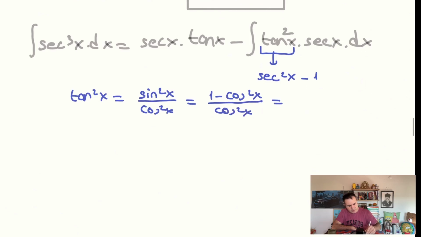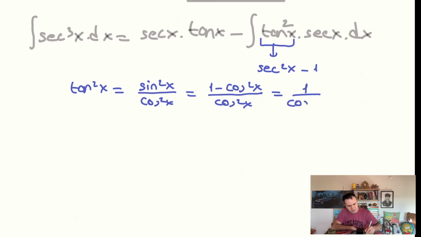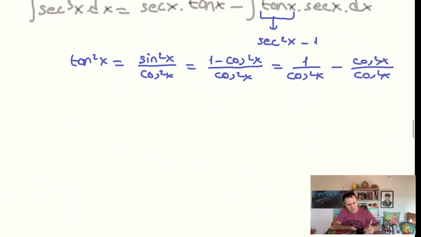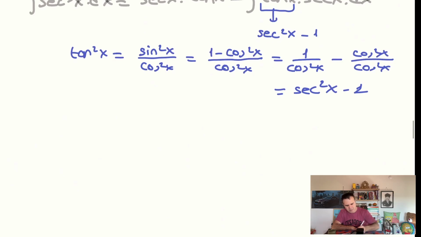Then this will be equal to 1 over cosine square of x minus cosine square of x over cosine square of x. And 1 over cosine x is sec(x), so 1 over cosine square of x is sec² of x. And cosine square of x divided by cosine square of x is equal to 1. This means that tangent square of x is equal to sec² of x minus 1.